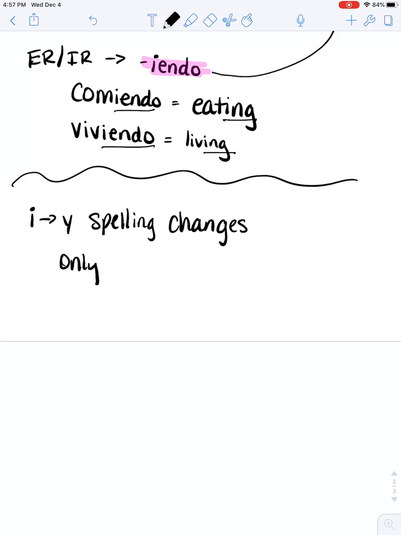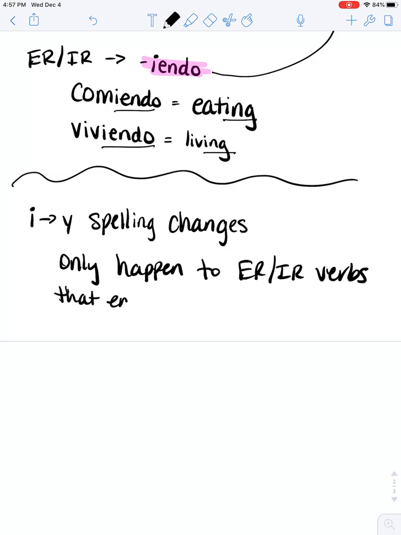This only happens to either ER or IR verbs that end in a vowel. All right. And that would be when you take off the ER or IR, that they end in a vowel.